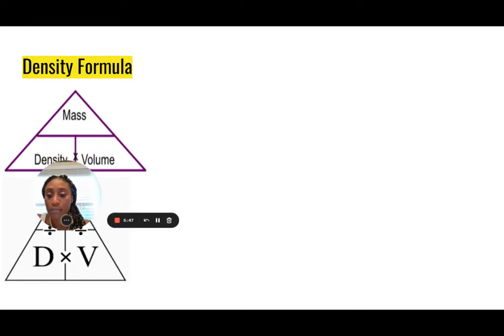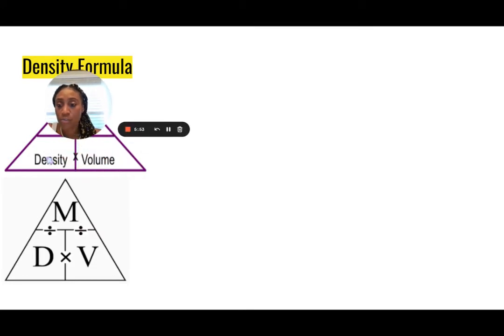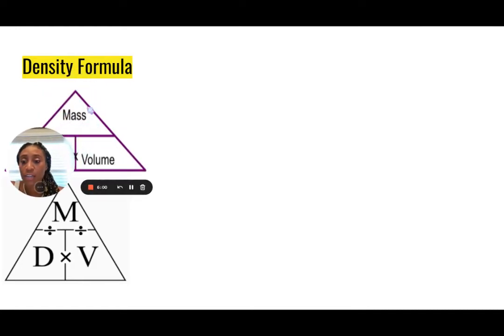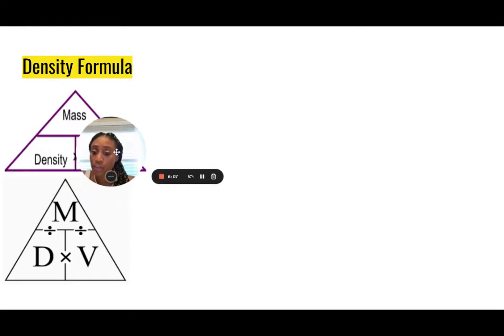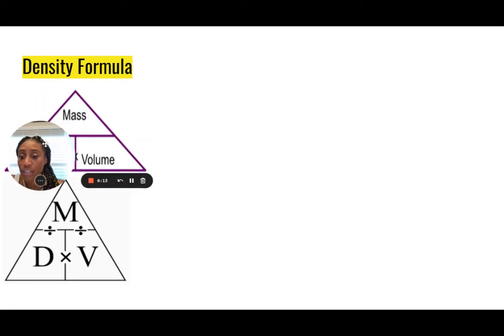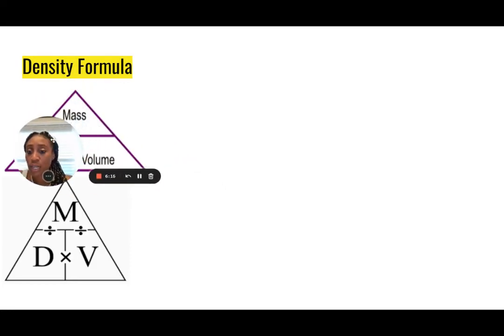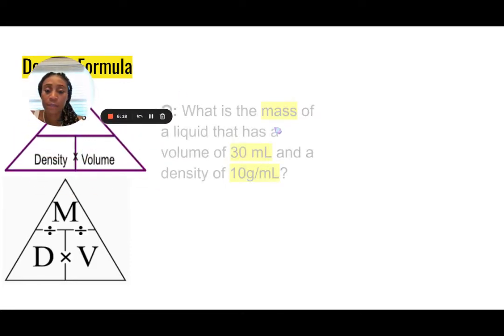If you're going to find the mass of something, all you have to do is cover the mass, and then you multiply density times the volume. If you're going to find the density, we cover the density, and you're going to say mass divided by the volume. If you're going to be calculating the volume, you cover the volume, and then you find the mass divided by the density. And that's how you use this triangle to help you calculate different questions.